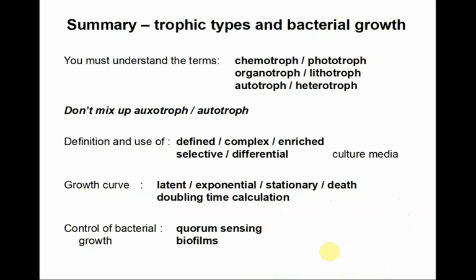What are the different stages in biofilm formation, maturation and lysis? How does quorum sensing work? Roughly speaking, all right? I don't think anybody has to be able to draw the structure of an N-acyl homoserine lactone.